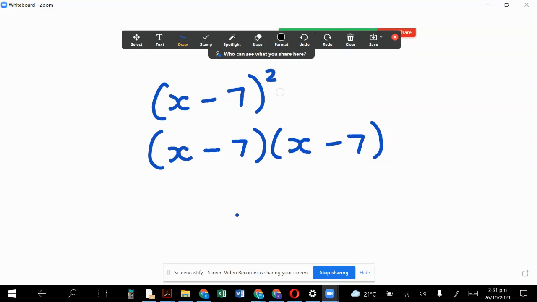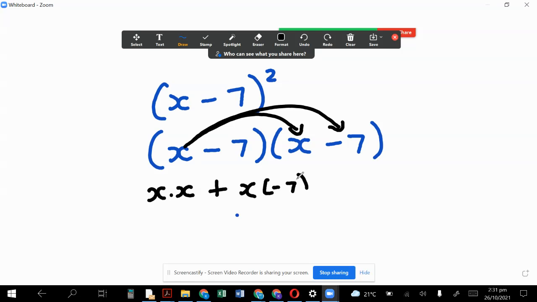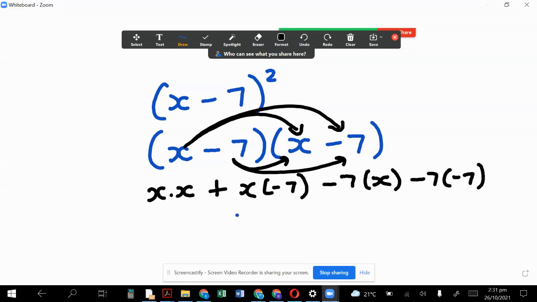And let's multiply each one separately. Let's go x times x, x times negative 7. And if you can go straight to the answer, you're welcome to do that. Minus 7 times x, minus 7 times minus 7.